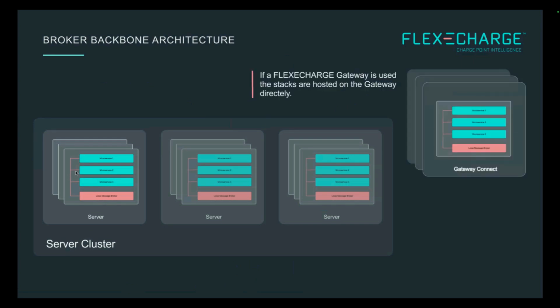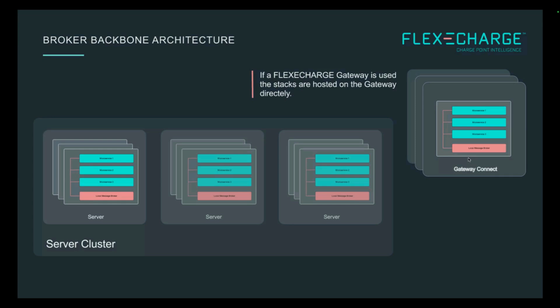Another advantage of these microservice stacks is that we can run them locally as well. So we can run them on central servers, server clusters from the cloud, and then we provide load management from the cloud, but we can also run them on local industrial PCs. That would be our Flexecharge gateway connect, we call it.